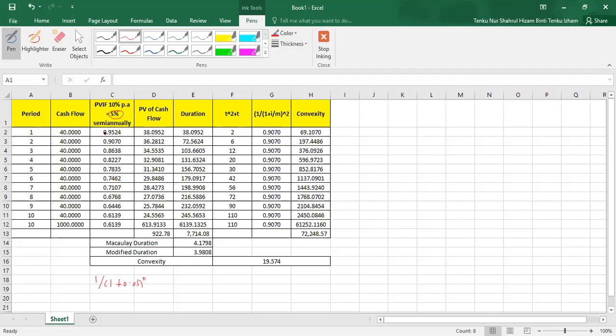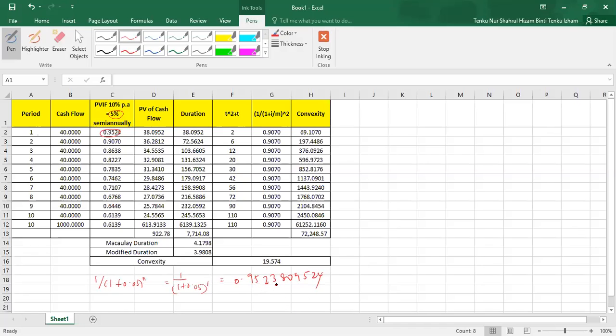Since this is year 1, 1 divided by 1 plus 0.05 powered by 1, you get 0.9523809584.